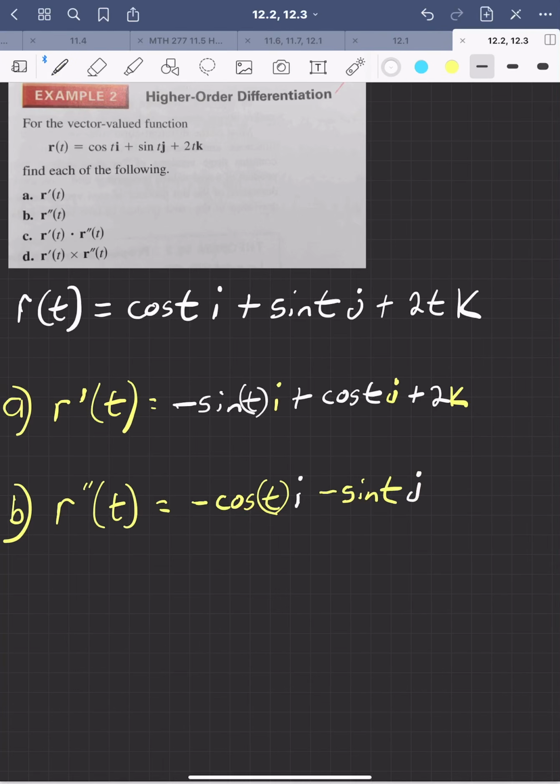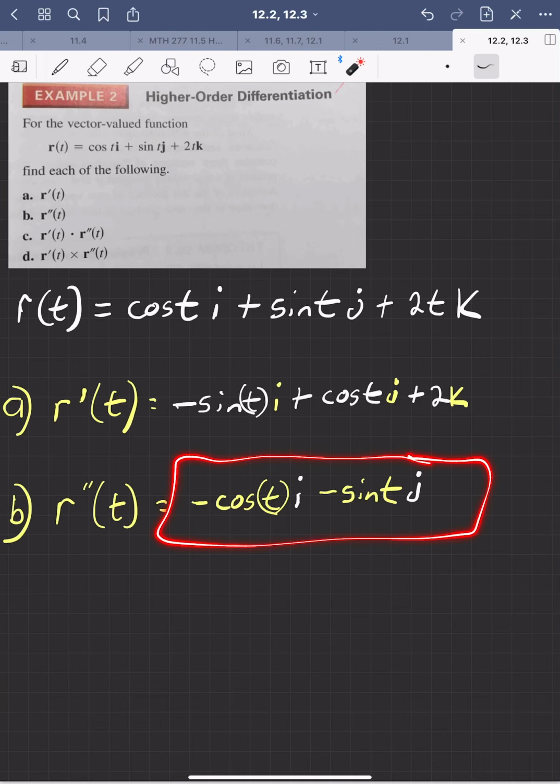The derivative of 2 is 0, so we won't write a 0k, but we can assume it's 0k. Okay, well, let me just slow down for a second and make sure that I have not made any silly mistakes.